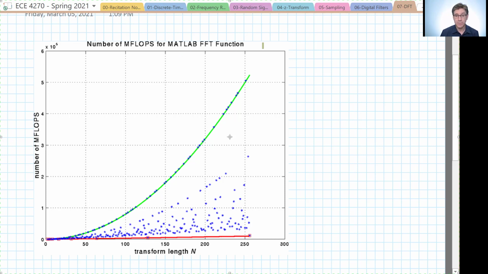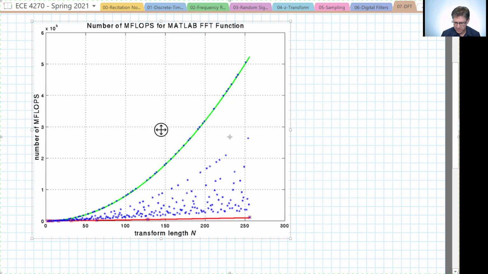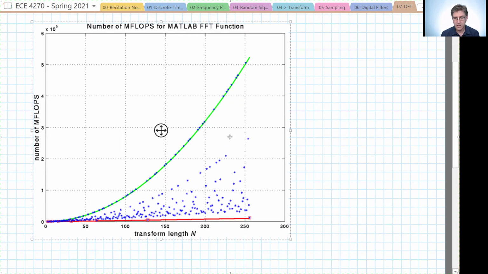It used to be, many years ago, that you could have MATLAB tell you exactly how many flops it used. And this was great for making plots like this. They've since changed their underlying mathematics engines, and they don't keep track of that because it burns cycles to keep track of how many cycles you're doing. And so to make it more efficient, they've taken that out. So this type of data is not available in the most recent versions of MATLAB, but it is in very old ones.